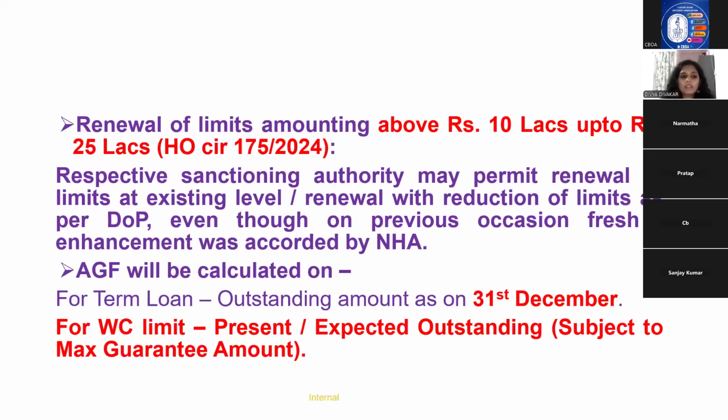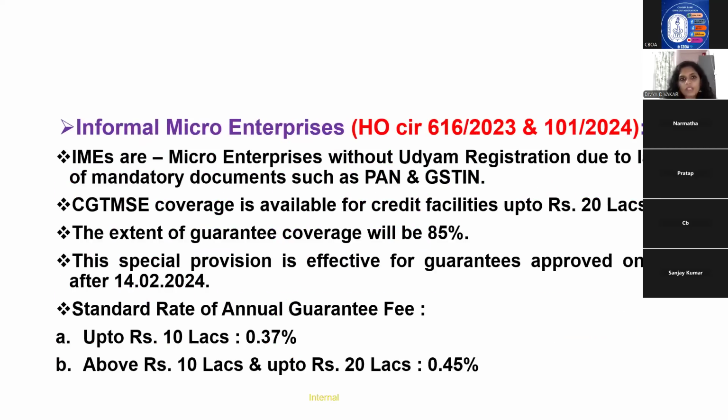Okay, then in case of CGTMSC, annual guarantee fee will be calculated, in case of term loan, on the outstanding as on the last previous 31st December. Then for working capital, it is the present or expected outstanding. Rather, it will be the maximum expected amount outstanding.